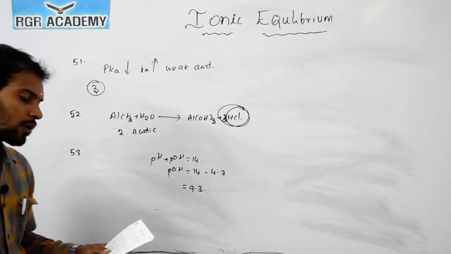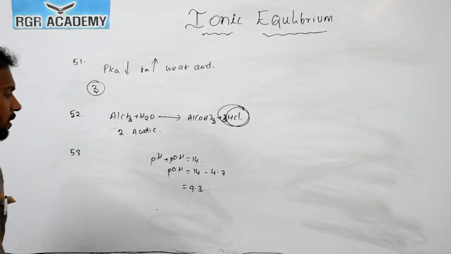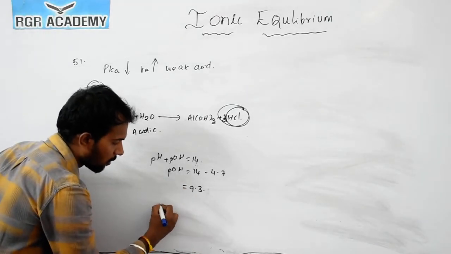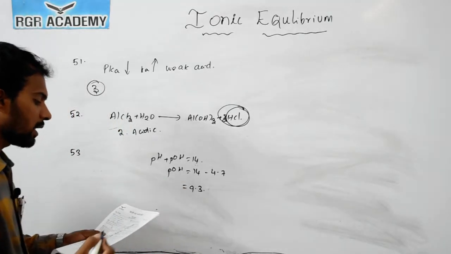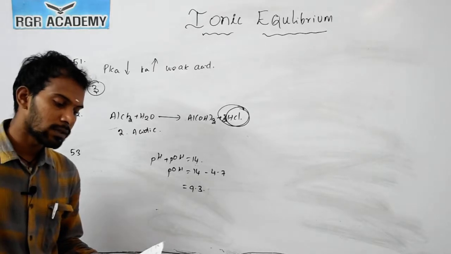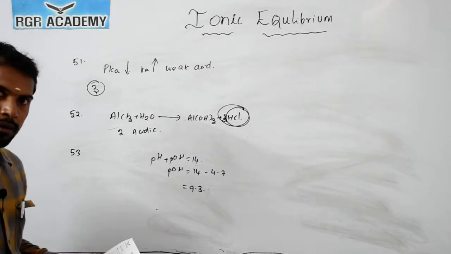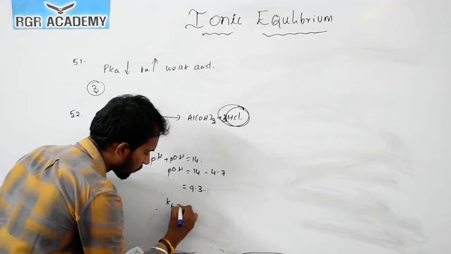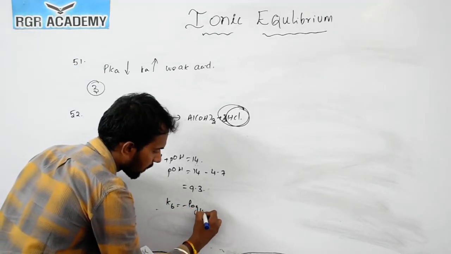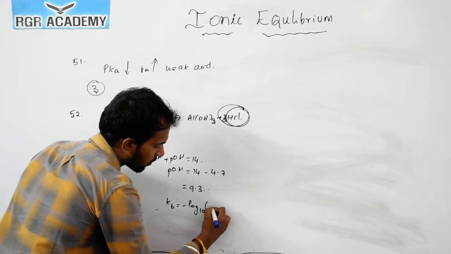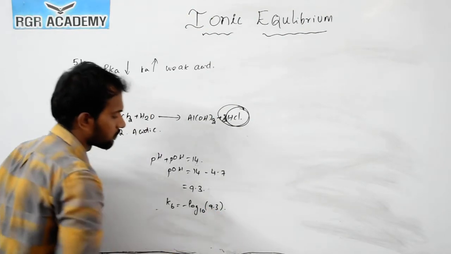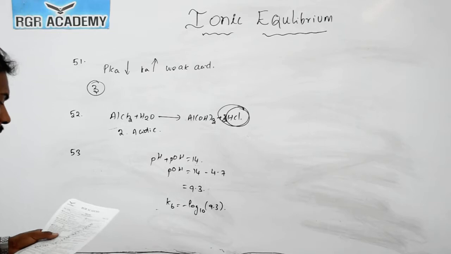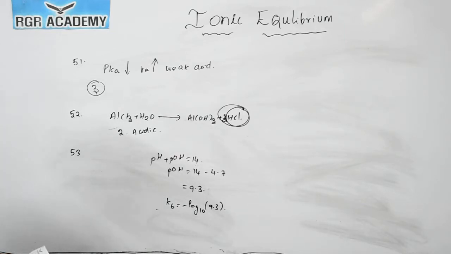So pOH equal to 9.3. What is pOH? pOH is equal to minus log of OH minus concentration, log to the base 10. So here it is 9.3. Then how will you find out this 9.3 actually?